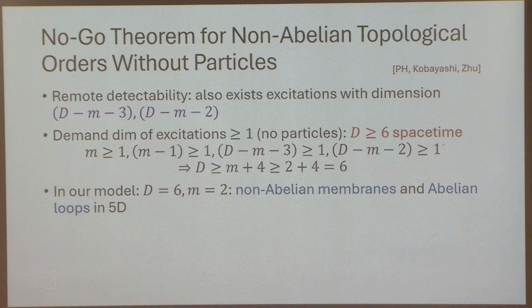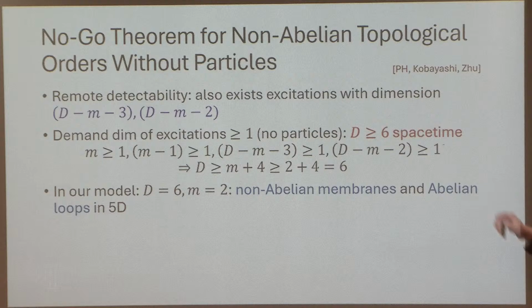If we demand all those dimensions to be greater than or equal to 1, namely we do not want any excitation to be a particle, then we immediately conclude that d has to be greater than or equal to 6. So that's where the lower bound comes from.